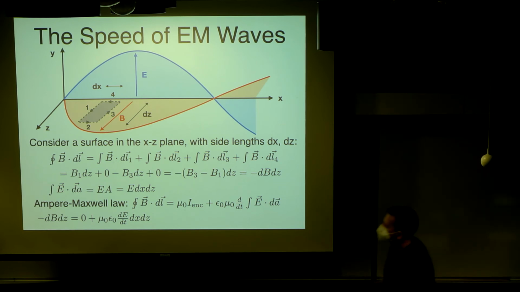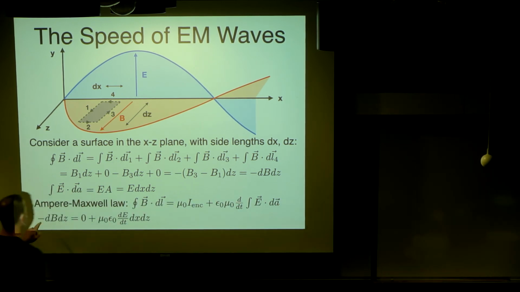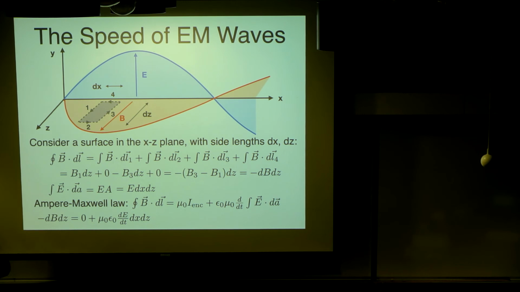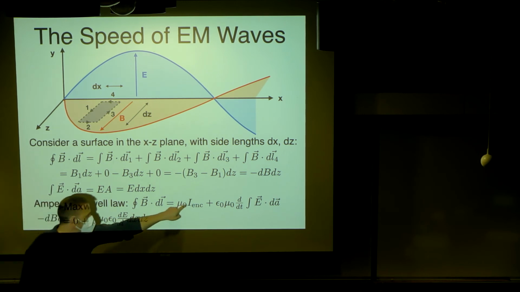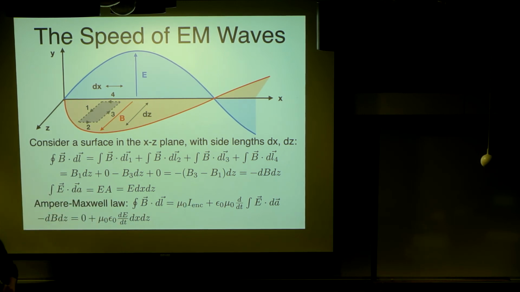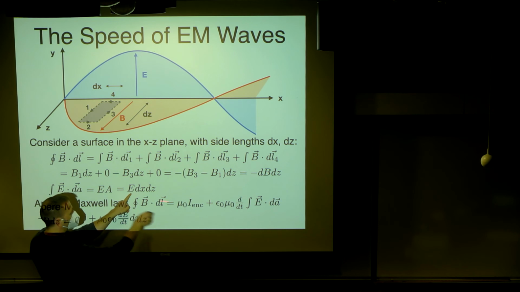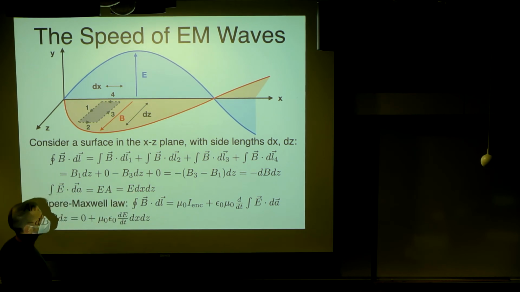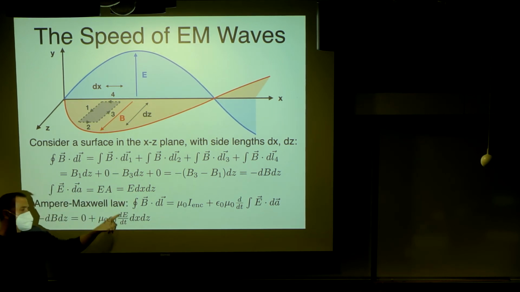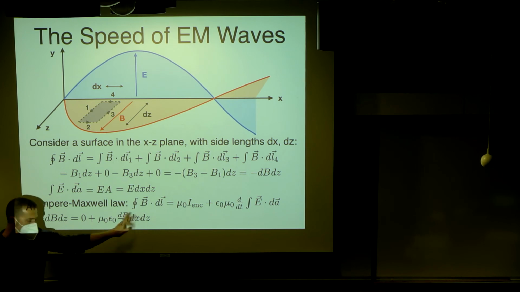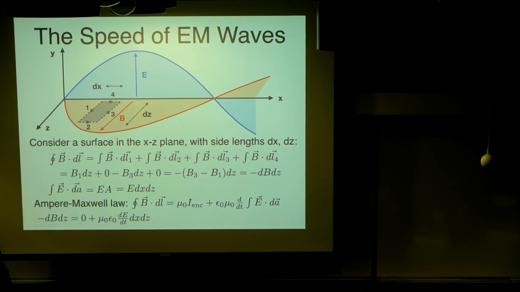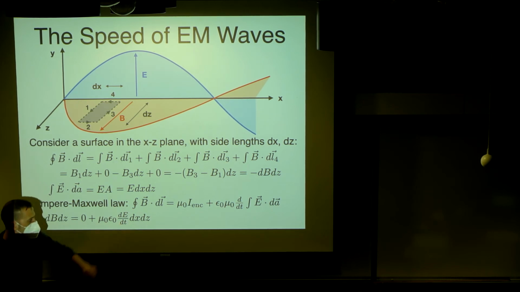So I have, on the left side of the equation, minus dB times dz, plus 0 for that term, like I just said. And then, if I'm taking the derivative with respect to time of all of this, that's E times dx times dz. It's E that's actually changing, right? dx and dz are just distances. So we have dE by dt times dx times dz.